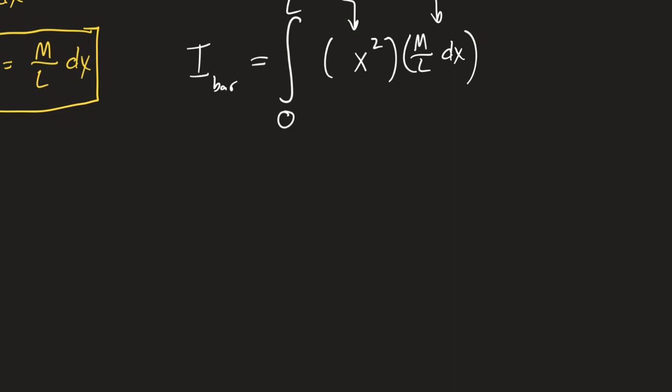Anything that is a constant can be taken out front of an integral. The mass of the whole bar doesn't change, and the length of the whole bar doesn't change, so I can take that out front of my integral.